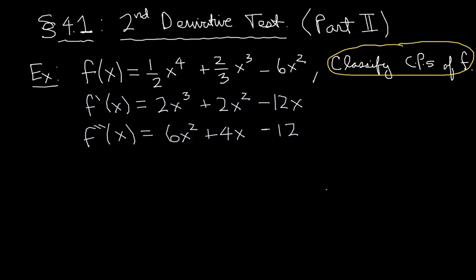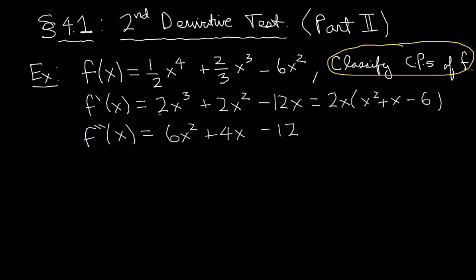Now I'm just going to do a little thing here. I'm going to factor f prime of x. And you'll see why I'm doing that in a second. So let's just go ahead and factor it. Let's pull out 2x. What do you leave behind? You leave behind an x squared, plus x, and a minus 6.